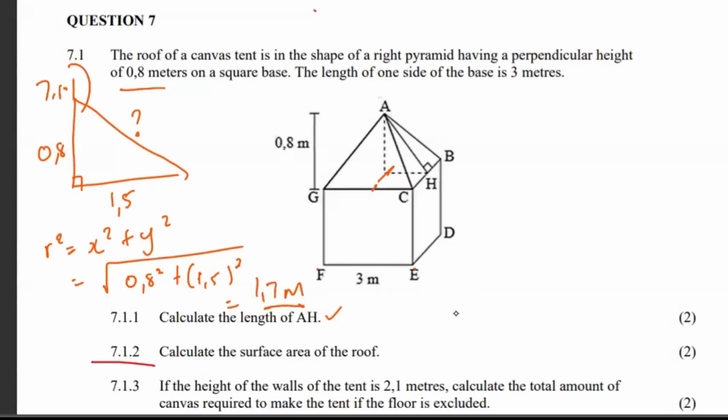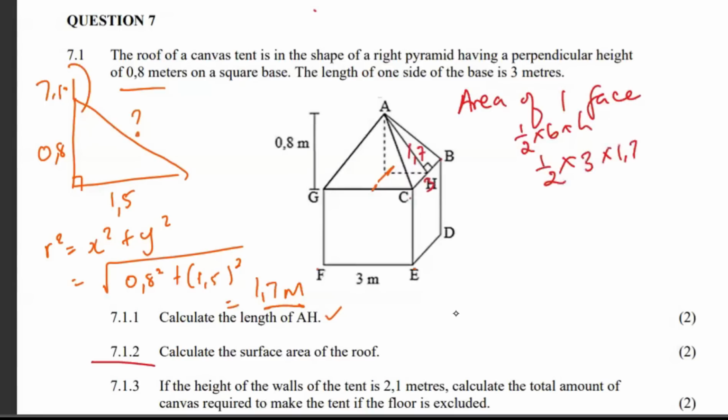Since I got my height as 1.7, my base is going to be 3, which means the area of just one face of the roof is going to be a half times the base times the height. That's a half, our base is 3, our height is 1.7. But how many faces are we looking at? 1, 2, 3, there are 4. That's fine.